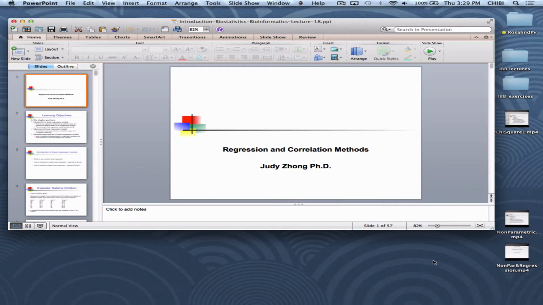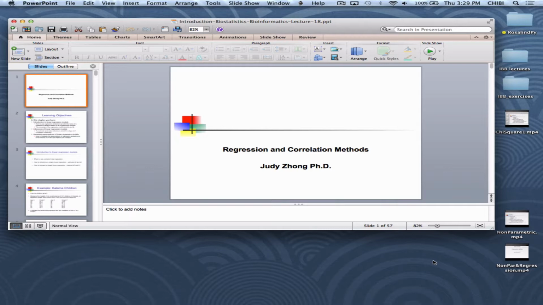For one population, it is called a one sample t-test. For two populations, if it's paired, it again goes back to a one sample t-test.